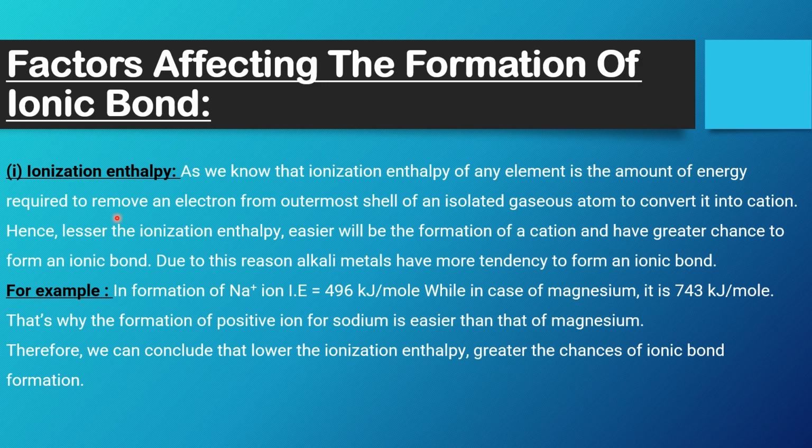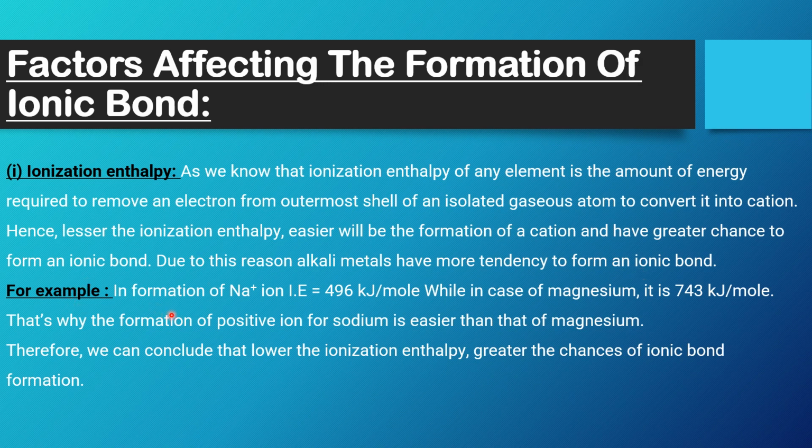Then the lesser the ionization enthalpy, what happens? The formation of cations will be easier. If there is no energy or less energy required, then ionic bond formation will be better and there is a greater chance to form an ionic bond. Due to this reason, alkali metals have more tendency to form ionic bonds.